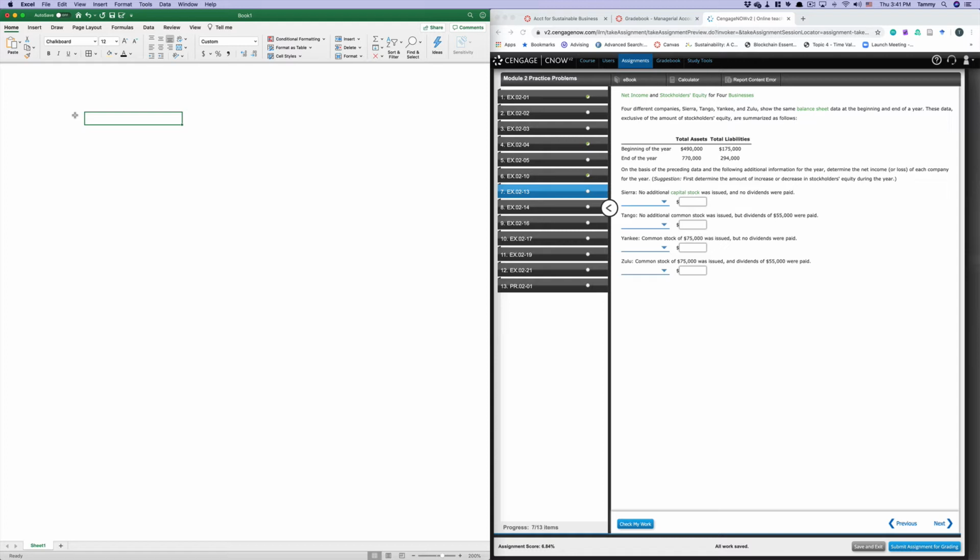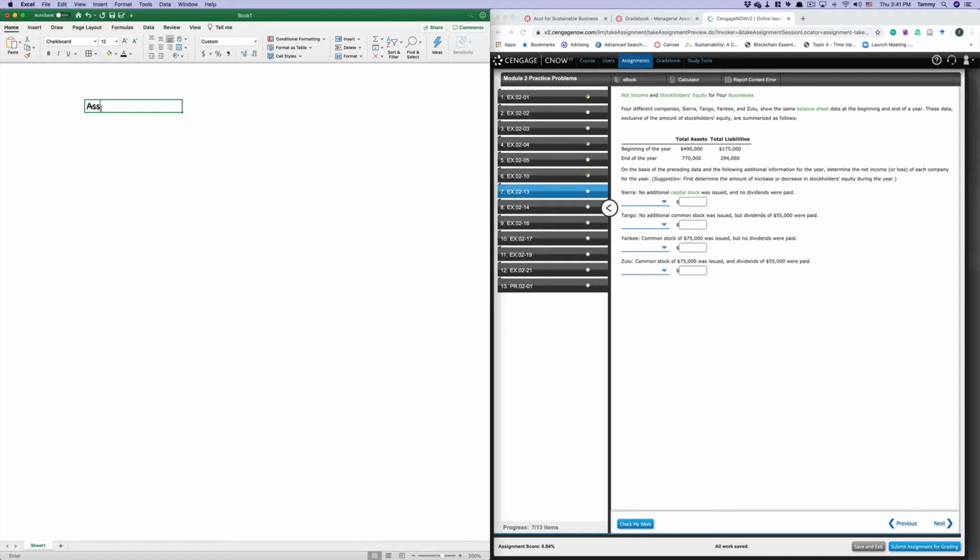This is right back to the accounting equation, only in this case, it's just applying the change in stockholders' equity, right? So let's go ahead and set up our same system over here.